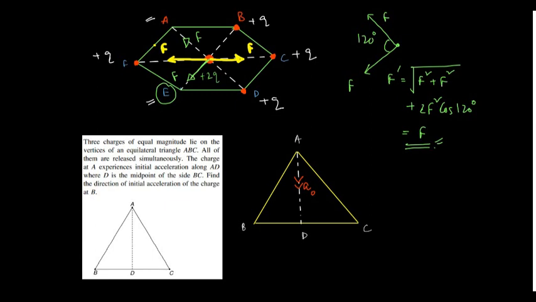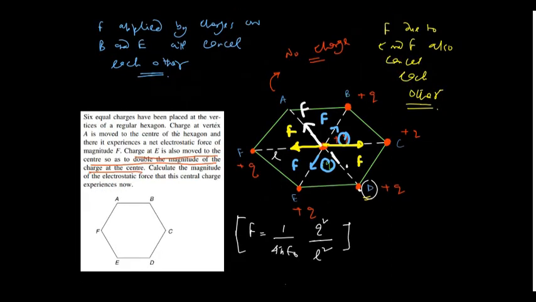Do check out the calculation. Again, I am repeatedly requesting you to check out the calculations. Okay, so let us go back and have a quick relook at what we have done. We are taking the positions concretely. First, the charge at A is moved to the center. From there we can see that the charges lying on opposite sides along the same line are cancelling each other, because the distance from the center is the same and the magnitude of the charge is also the same, so the force is also the same. It is just that the directions are opposite, correct?